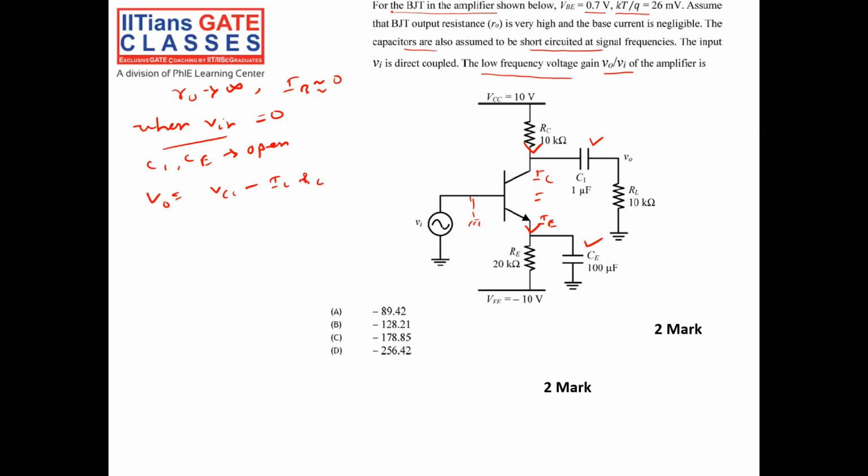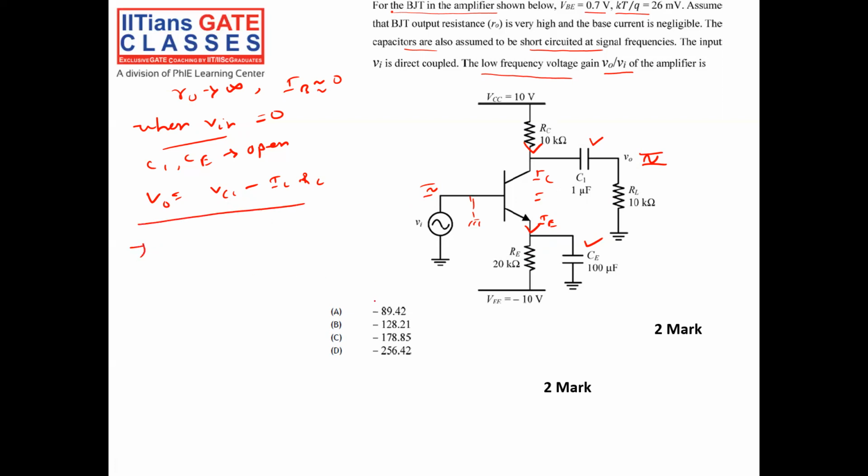Okay, this will be my output voltage. So what will happen when I apply an input AC? The IC will change. Now the output I will get some AC, and we have to find out the magnitude of output AC to the input AC. So let's go step by step.